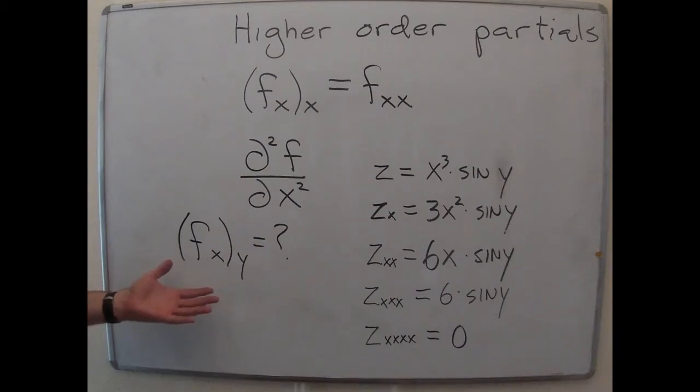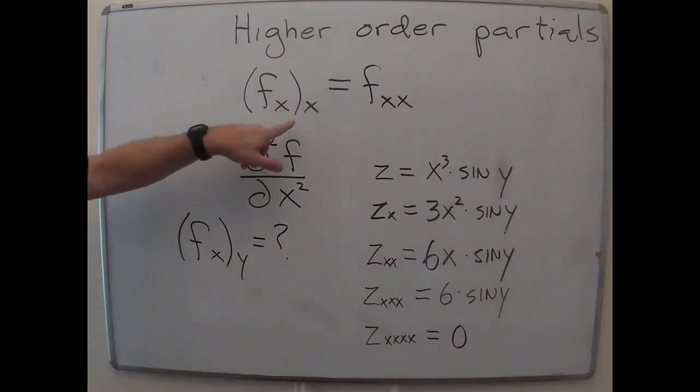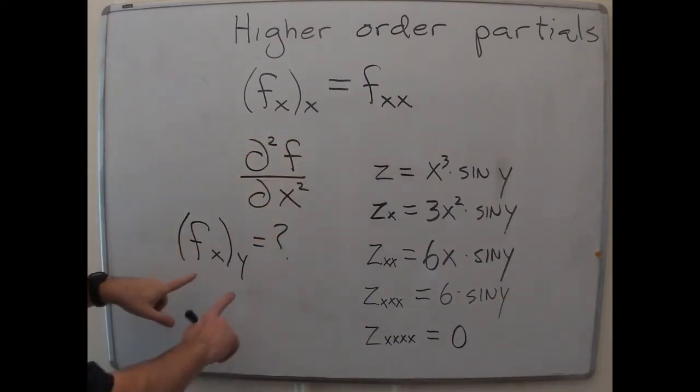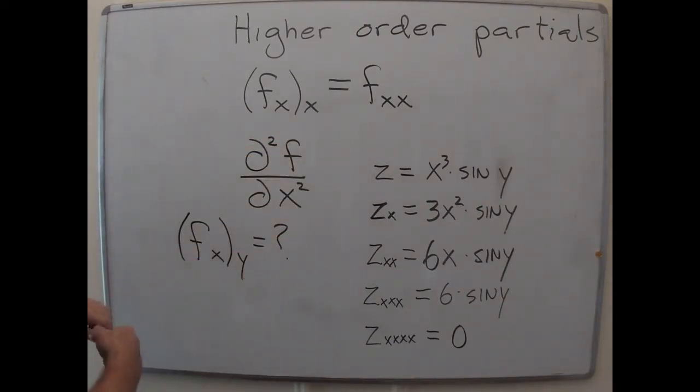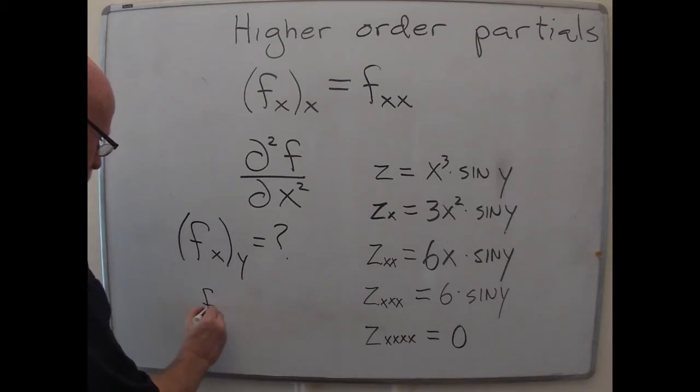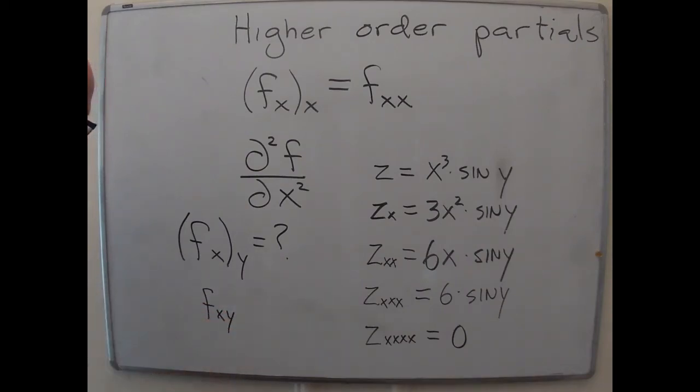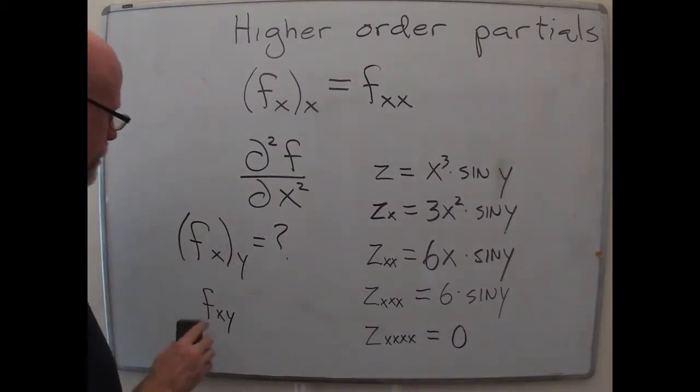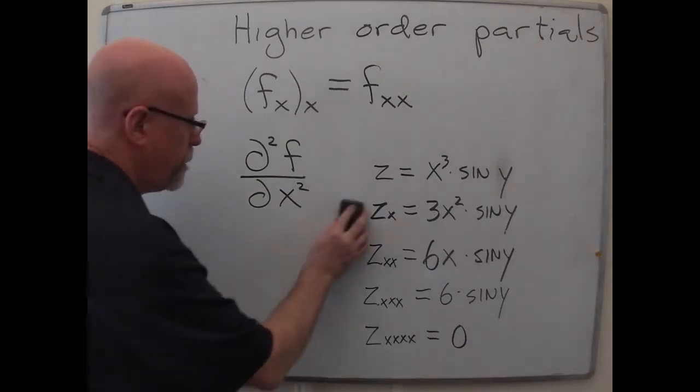Absolutely. It's actually pretty easy to do. In fact, like the change of notation here, we don't have to specify stuff like that. Just keep the variables in the correct order. F sub x, y means take the x partial first and then take the y partial of that. Sure, let's do one of those.